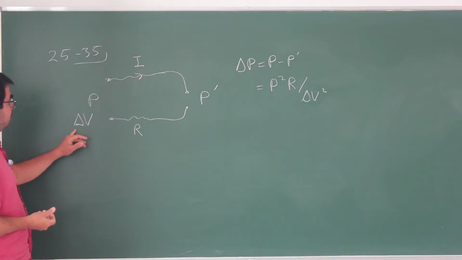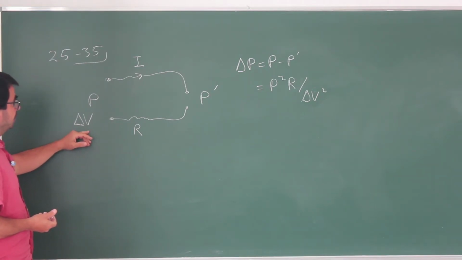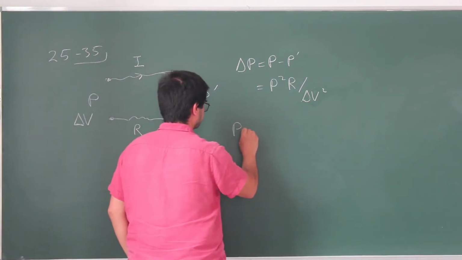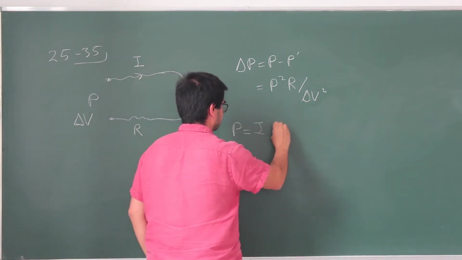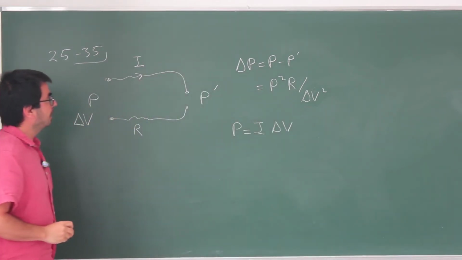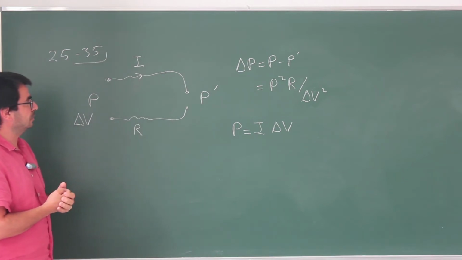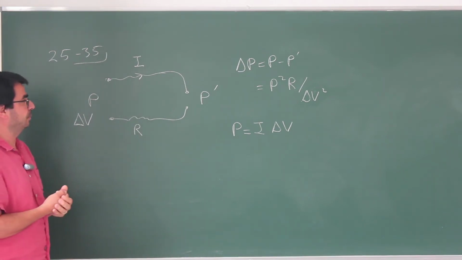Now, we produce some current and some potential difference delta V, and this corresponds to some power. So that power is going to be I times delta V, and this is going to produce some other power over here. So presumably there's going to be a different potential difference at the household, or at the electric junction outside your house.